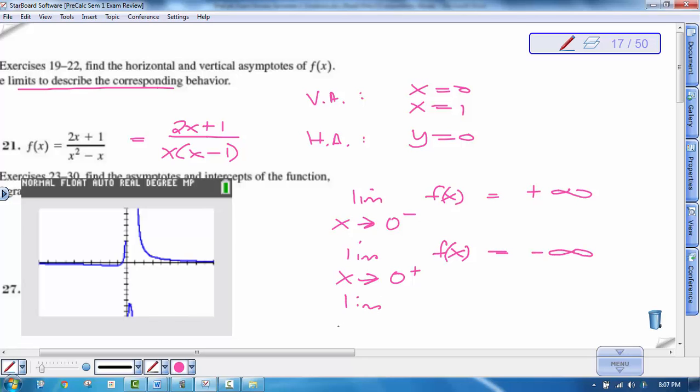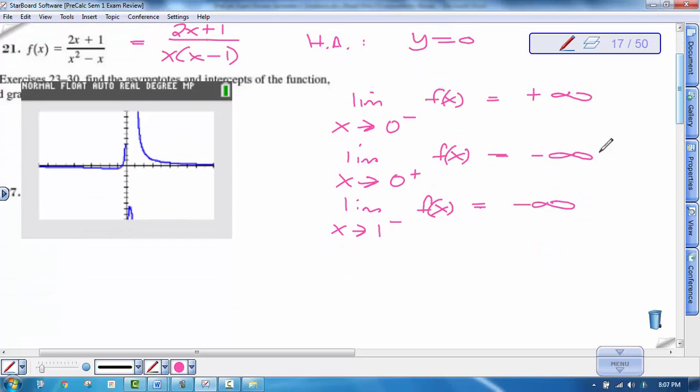You could say the limit as x approaches 1 then, let's go from the left here, you go down to negative infinity. And then if you approach 1 from the right of this function, you'll notice that you go up to positive infinity.